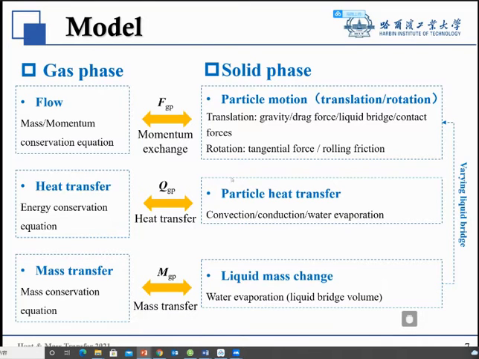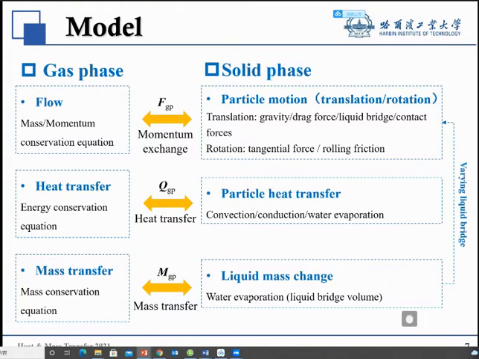considered. For the particle heat transfer and liquid mass change, it's also related to our course. Here for the particle heat transfer, we consider the conduction and water evaporation. For the convection, the professor introduced this last class, if you remember that.